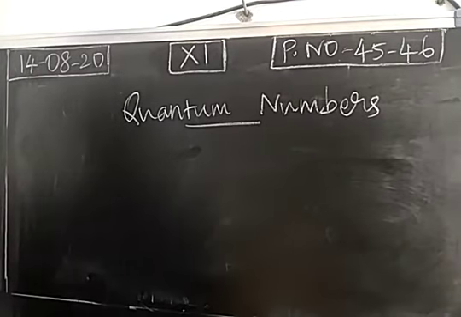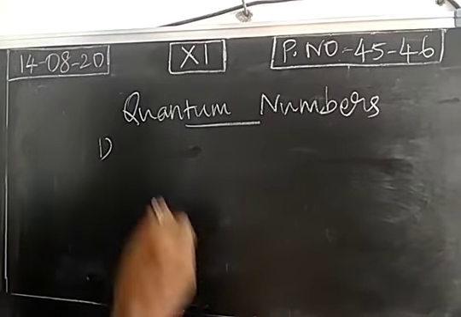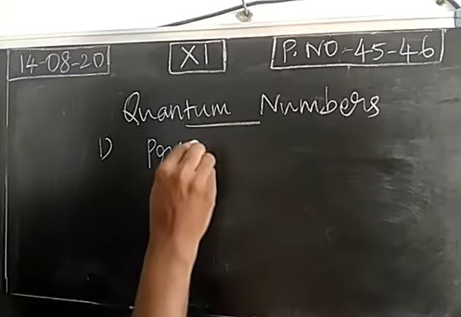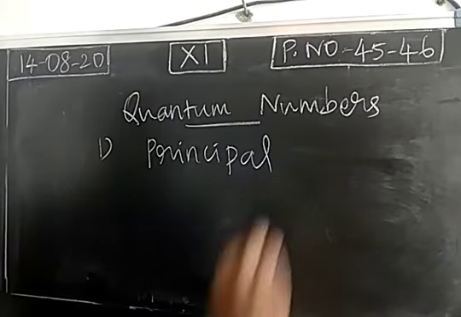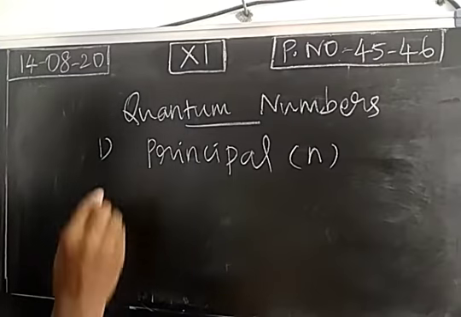So we have a Schrödinger wave equation. According to the quantum mechanical approach to the structure of atom, we have a Schrödinger wave equation. By solving that, we get the solutions. Three quantum numbers are obtained from the solutions of Schrödinger's wave equation. They are the principal quantum number, which is denoted by the symbol small n.